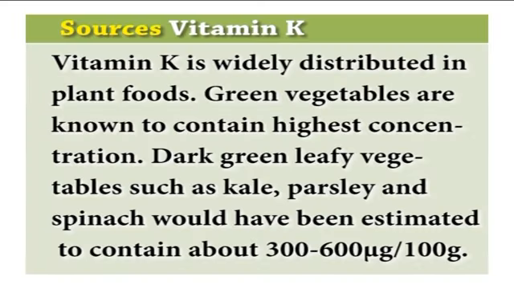Let's know about the sources of vitamin K. Vitamin K is widely distributed in plant foods. Green vegetables are known to contain the highest concentration of vitamin K. Dark green leafy vegetables such as kale, parsley and spinach are estimated to contain about 300 to 600 micrograms per 100 grams.